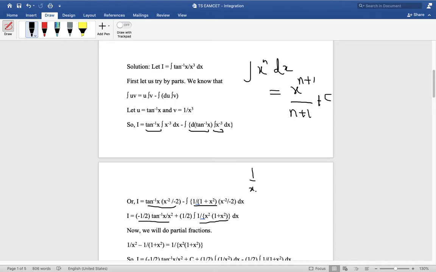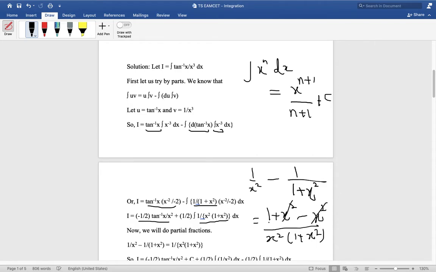If I take the LCM of 1 by x square minus 1 by 1 plus x square, I get 1 plus x square over here and minus x square over here, with the product x square into 1 plus x square in the denominator. Don't mind my writing, I'm using a mouse. So x square and x square get cancelled. You will get only 1 in the numerator, which was what was originally given to us. So this whole thing can be written as 1 by x square minus 1 by 1 plus x square.